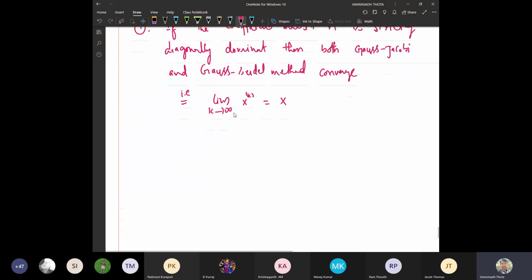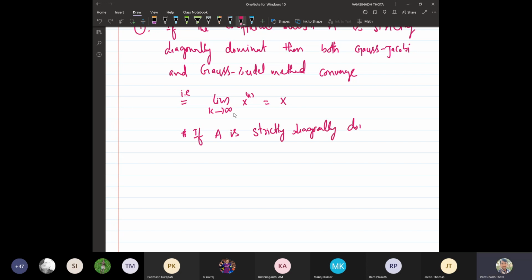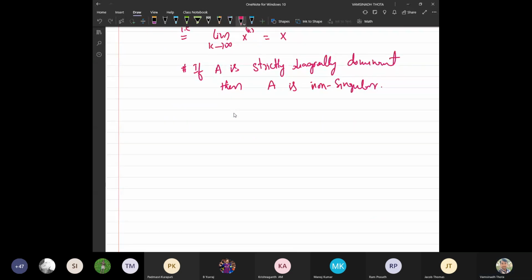Why? Because if A is strictly diagonally dominant, then A is non-singular. By the way, what do we mean by strictly diagonally dominant?